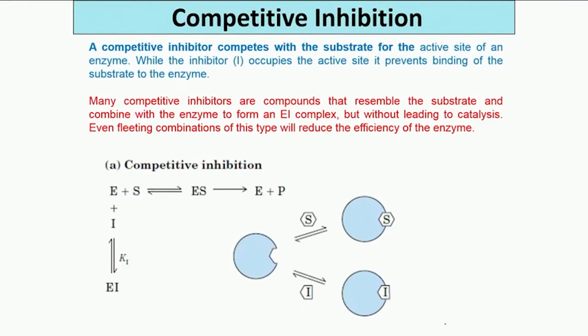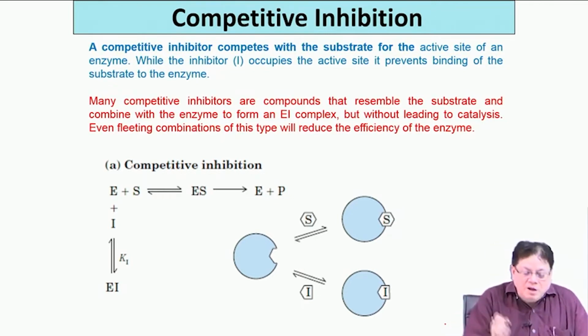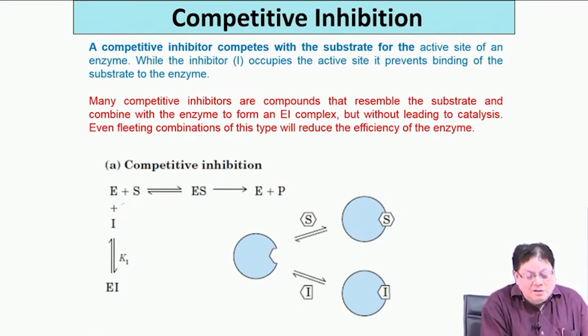In case of competitive inhibition, remember, competitive inhibition is actually a class of reversible inhibition. So, if it is a reversible inhibition, there is no formation of any covalent bond with the enzyme. So, here the steps are like this: if there is no inhibitor, it will be enzyme plus substrate.